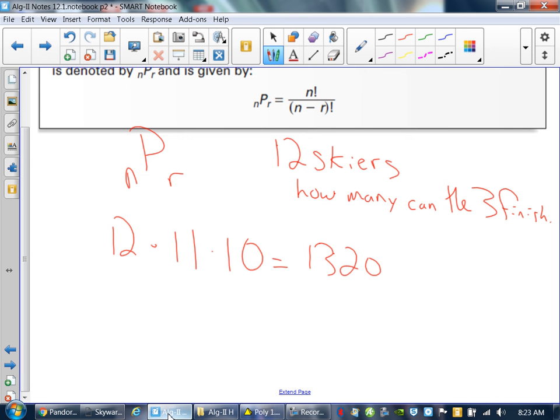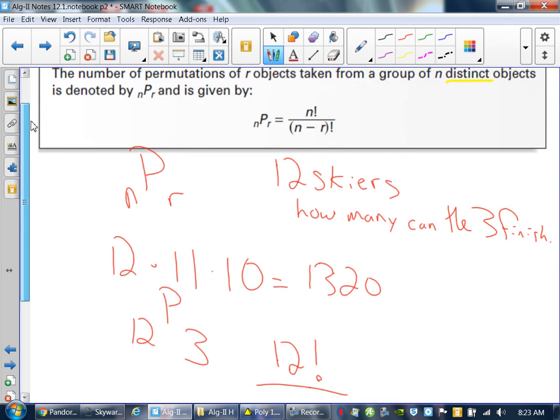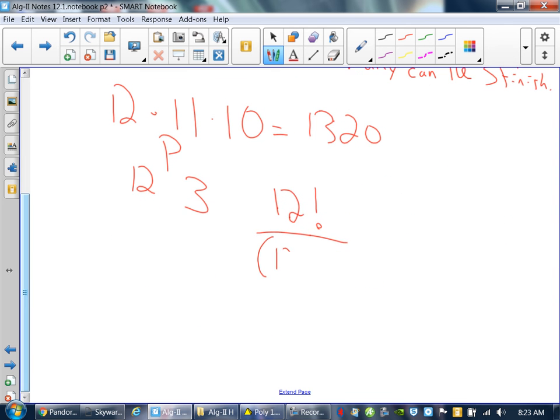Now, a permutation in long form, 12 permute 3, would simplify out, if we did this long form, to 12 factorial over 12 minus 3 factorial. Well, 12 factorial is 12, 11, 10, 9, 8, all the way down to 1. We okay with that? So let me show you what this is doing.